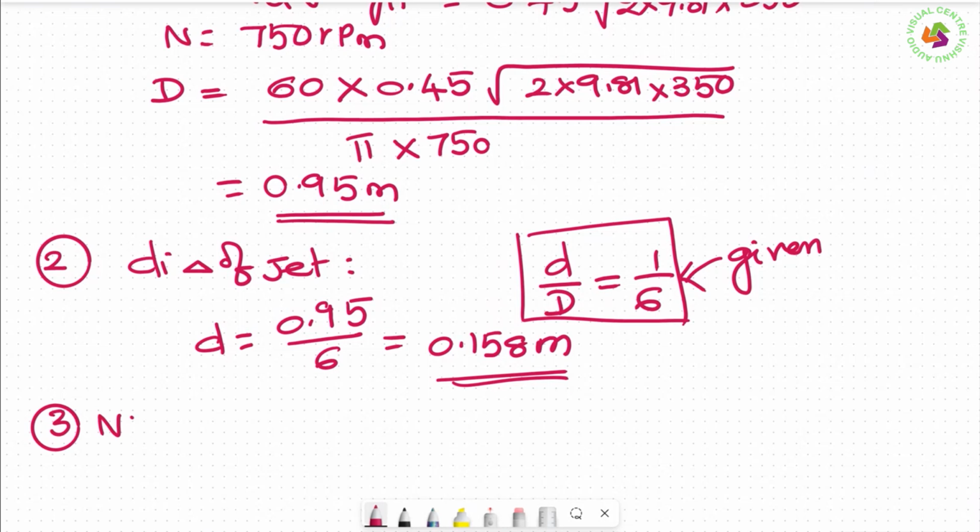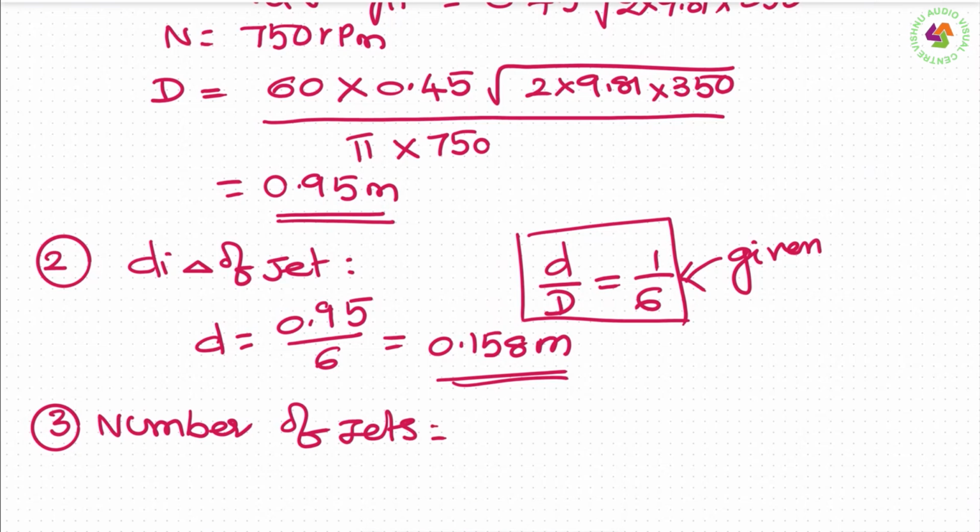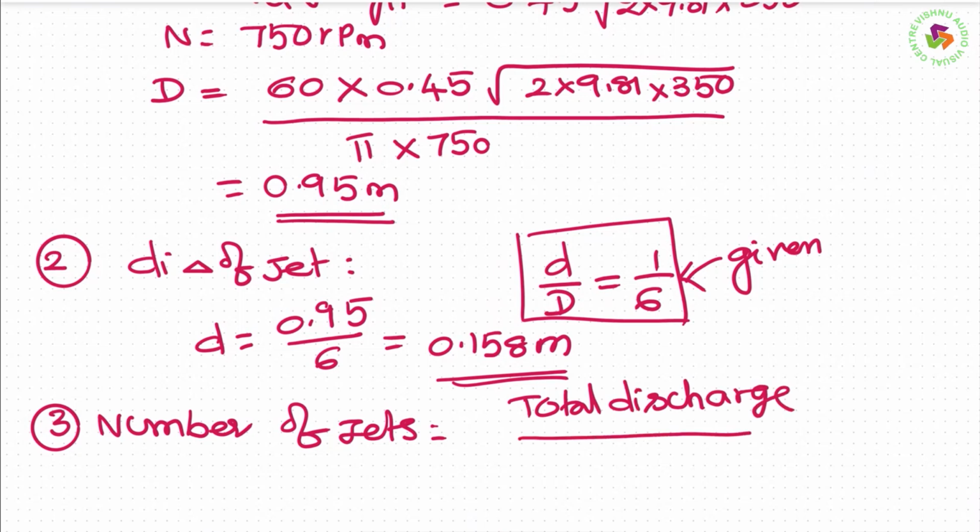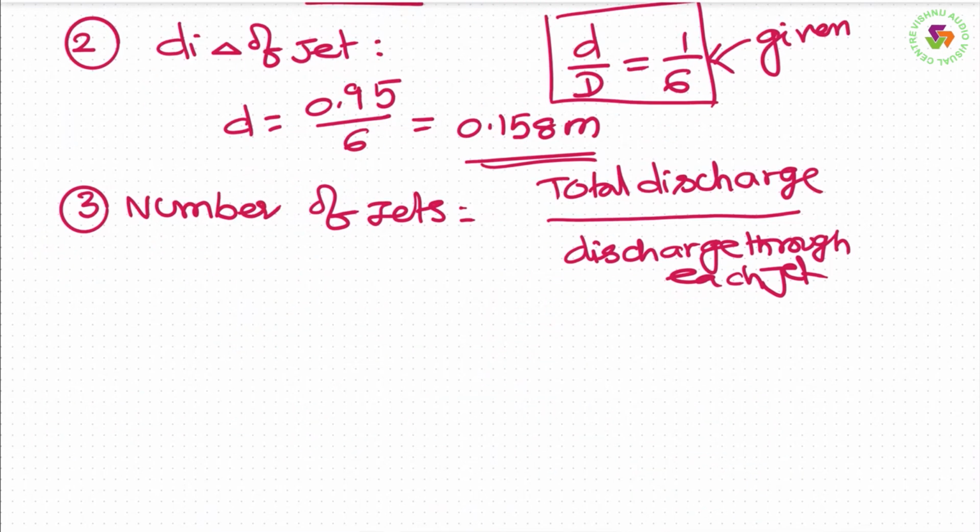Number of jets. What will we write? Number of jets is total discharge divided by discharge through each jet. First, calculate the total discharge.